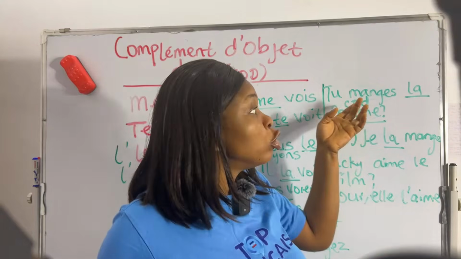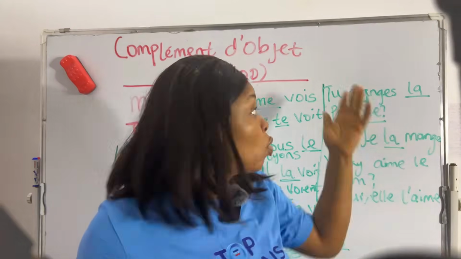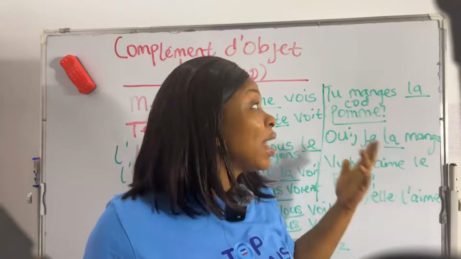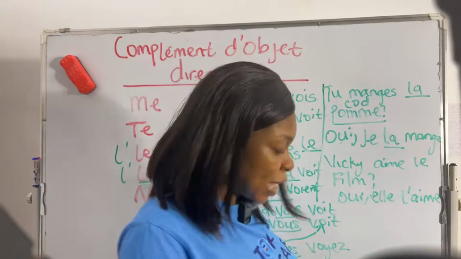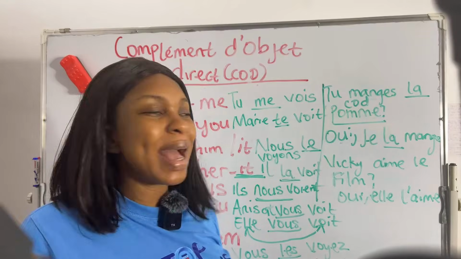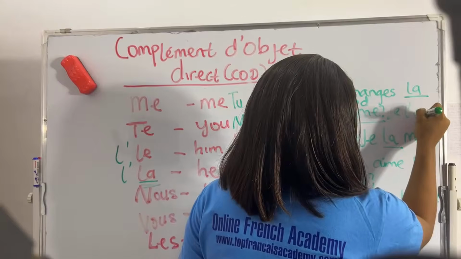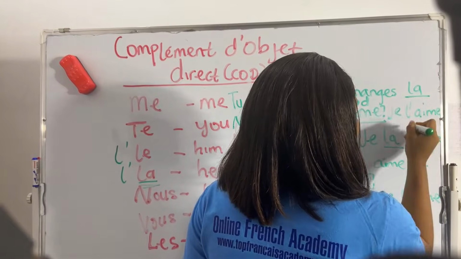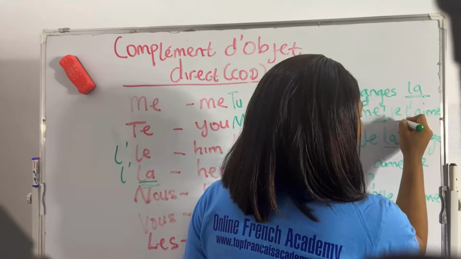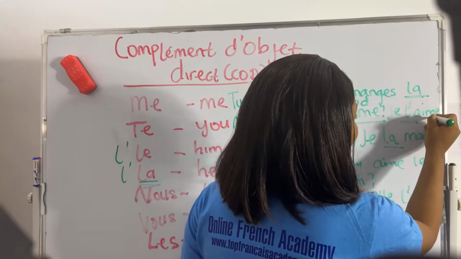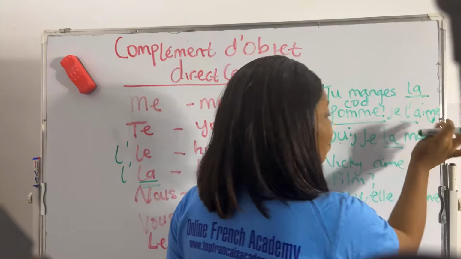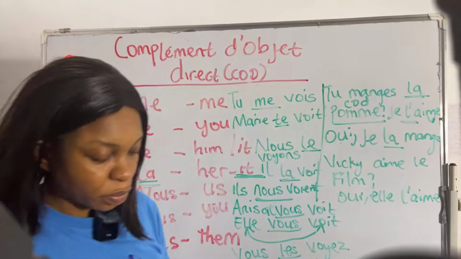It's like saying, tu aimes la pomme? Do you like the apple? So instead of saying, oui, je la aime, I'll say oui, je l'aime. You see that now? The la will now become L apostrophe. Why? Because it is before a verb that begins with a vowel.